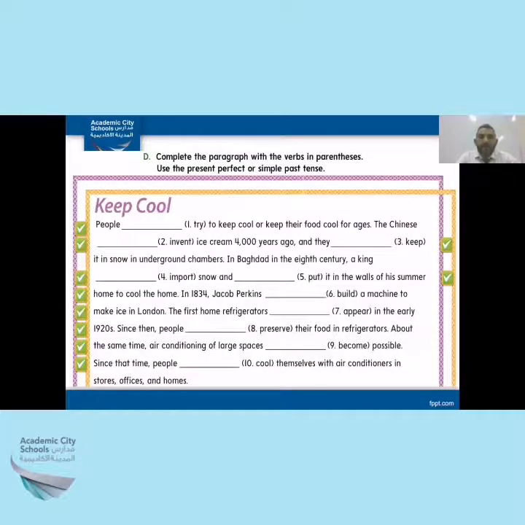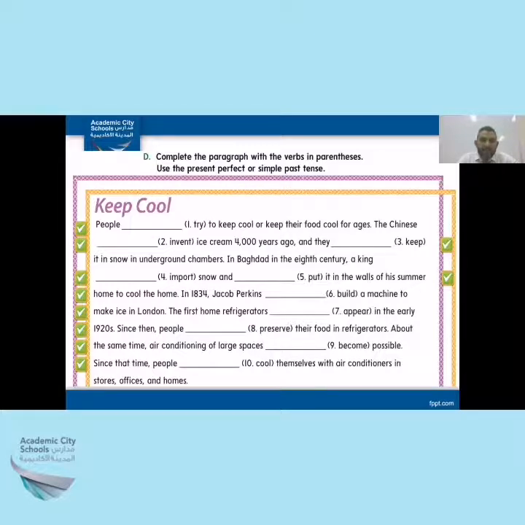Okay, the next exercise here. Complete the paragraph with the verbs in parentheses. Use the present perfect or simple past tense. Note before we start filling in the spaces: if a sentence has for or since, we use the present perfect. Number 1.